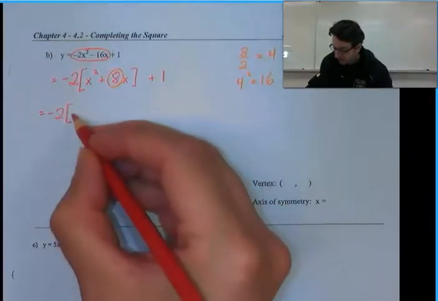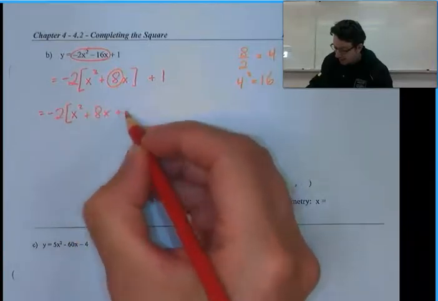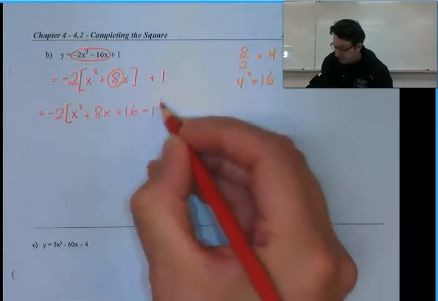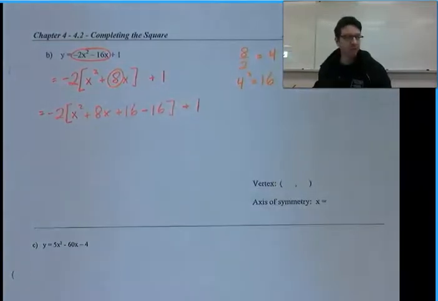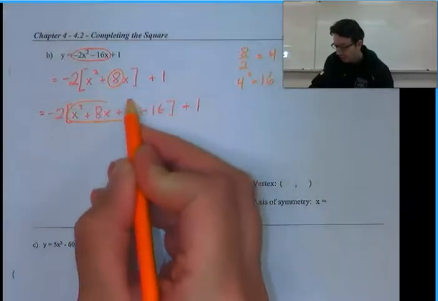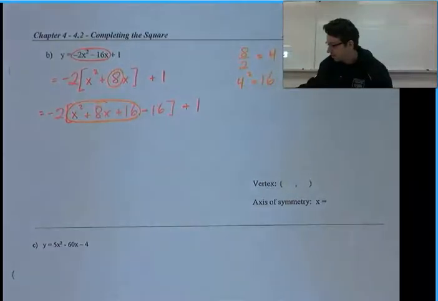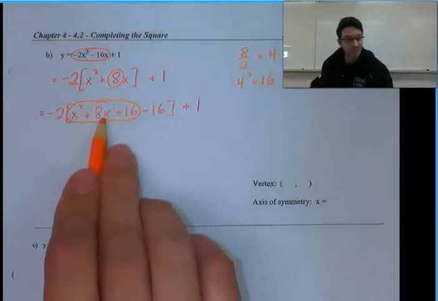So we get -2. Here we have x squared plus 8x. Now add 16 and subtract 16. And we still have this 1 that we're just going to ignore for now. Now right here is a perfect square. Or again, if you want, you can think of it in terms of two numbers that multiply to give you 16 and add to give you 8.